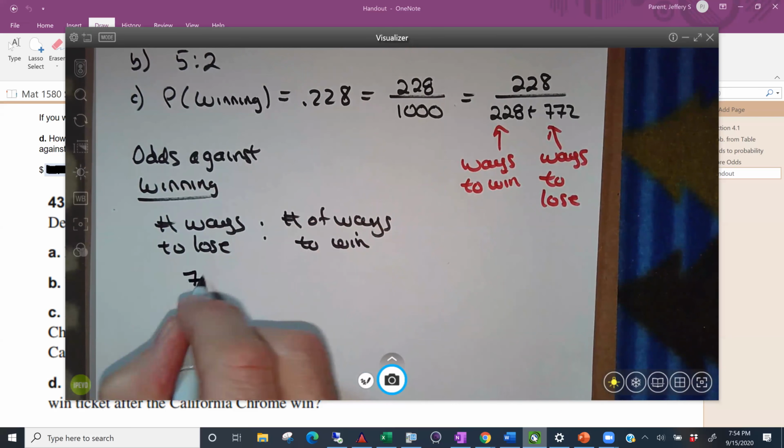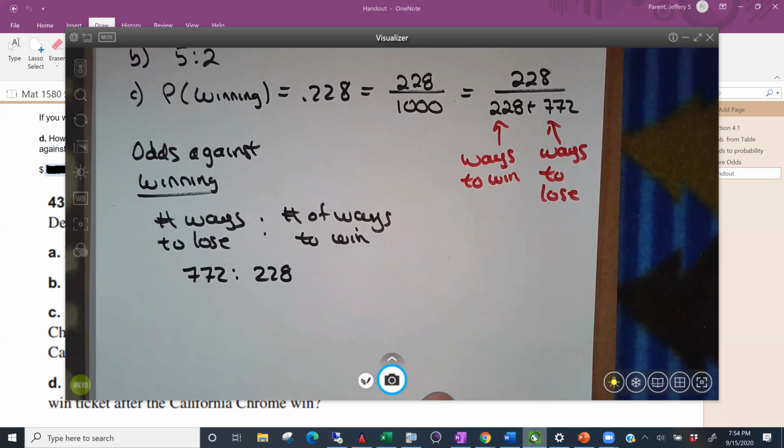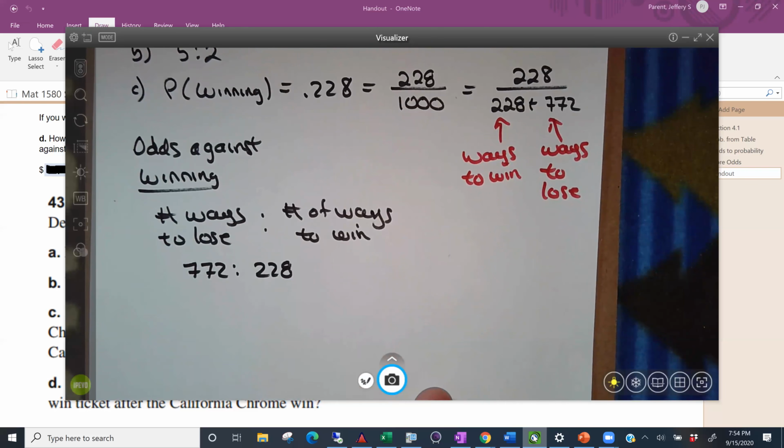So 772 to 228. That's our answer for part C here. Are we okay with that one?